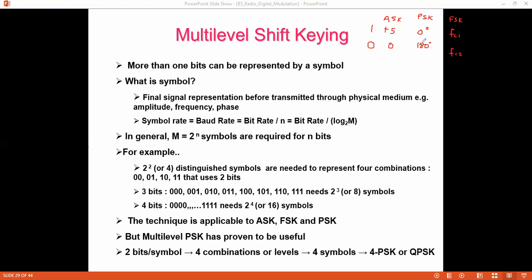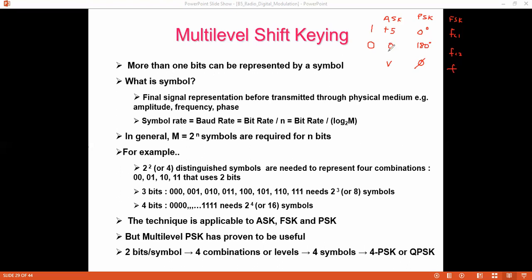Okay, so these are the symbols for ASK, PSK, and FSK respectively, where this represents changes in the voltage, this is phase, and finally this one in frequency. So one symbol, these are all known as symbols.